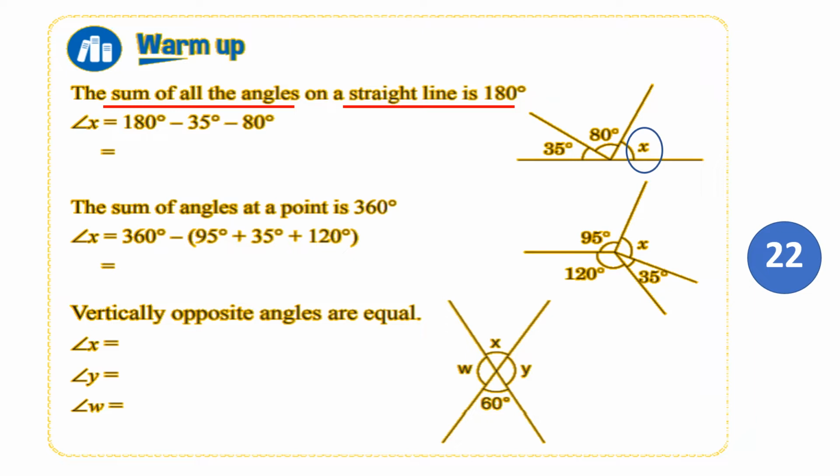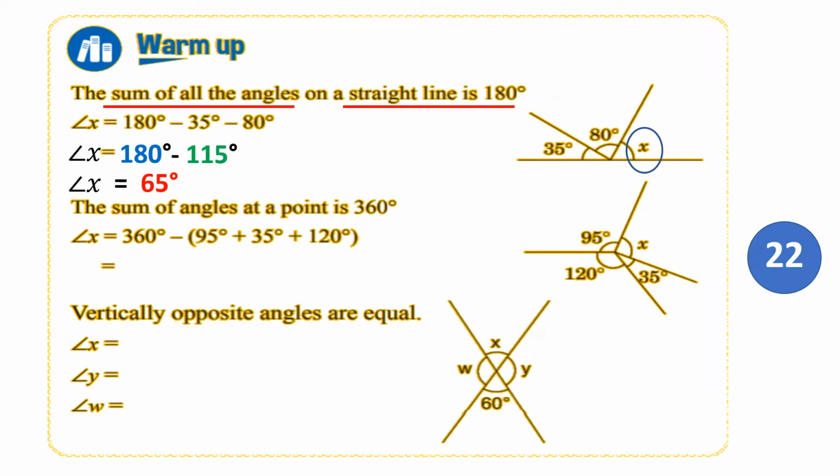Angle x is 180 minus 115, where 115 is 35 plus 80. Then to solve for angle x, 180 minus 115 gives 65. Correct, students? This is your answer for angle x.